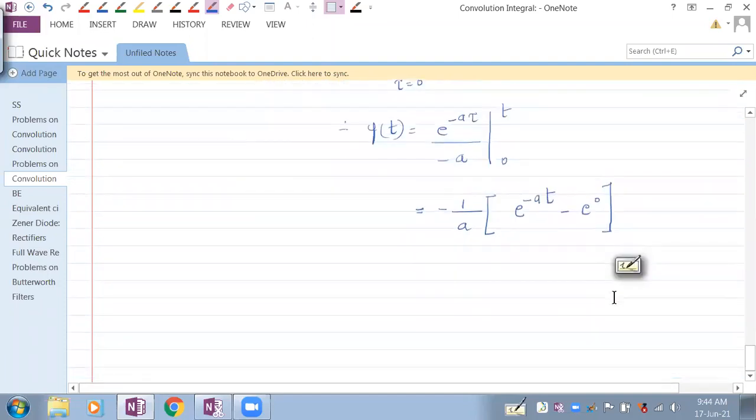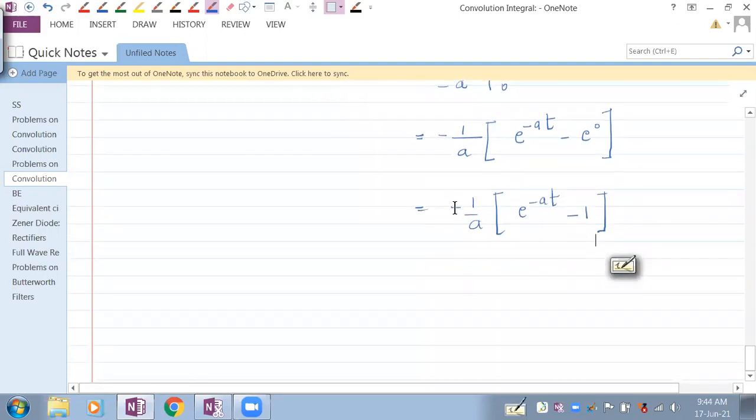So what would this be? This would be minus 1 by a times e power minus a t, let it be as it is, and e power 0 will be 1. Since there is a negative sign, if we eliminate it, we can write it as 1 by a times 1 minus e power minus a t.